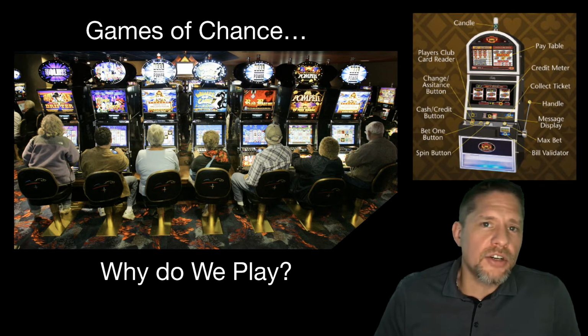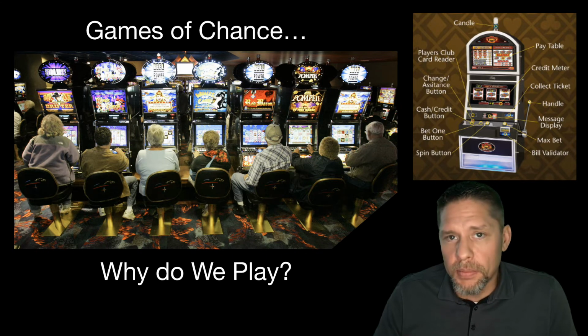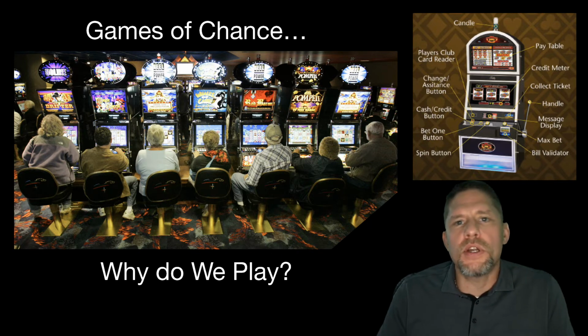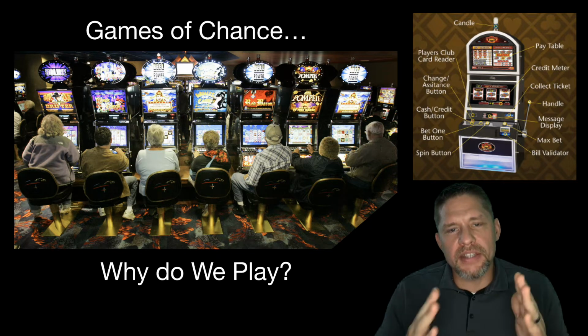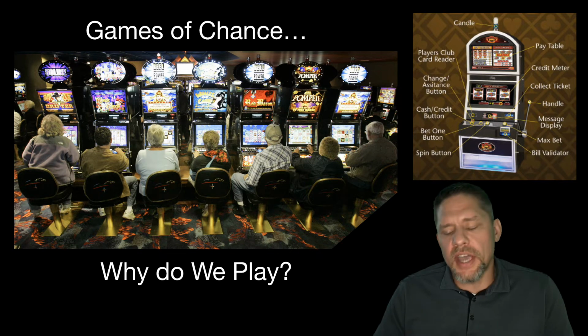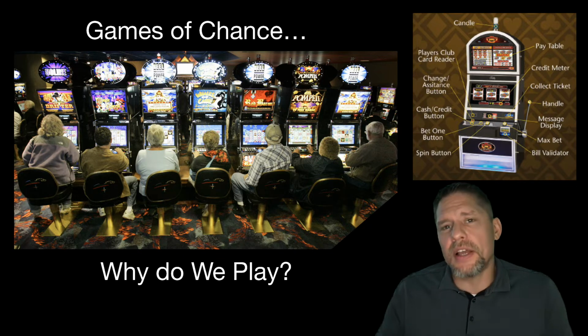So like a scratcher ticket, that spin of the slot machine is predetermined. When you pull that lever, even though you think you're stopping the reels yourself, the human eye can't tell, within half a second, 500 milliseconds, if it actually stopped right when I hit the button or slightly thereafter.